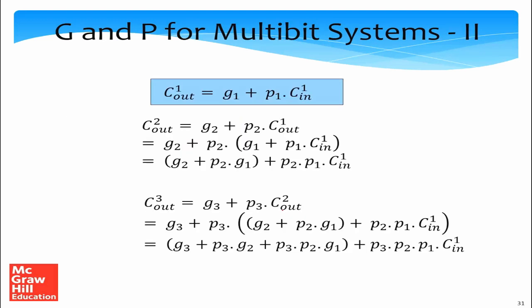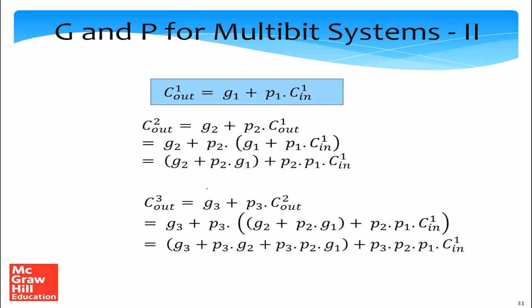So now let's write some basic equations for multi-bit systems and let's see what it looks like. Let's say we have already derived that for the first bit pair, C out 1 is G1 plus P1 and the carry that is coming in, which is C in 1.